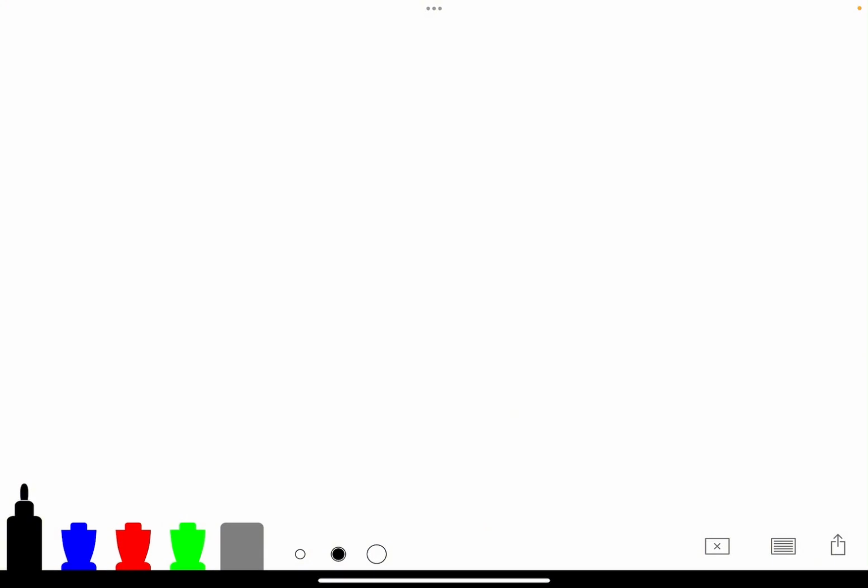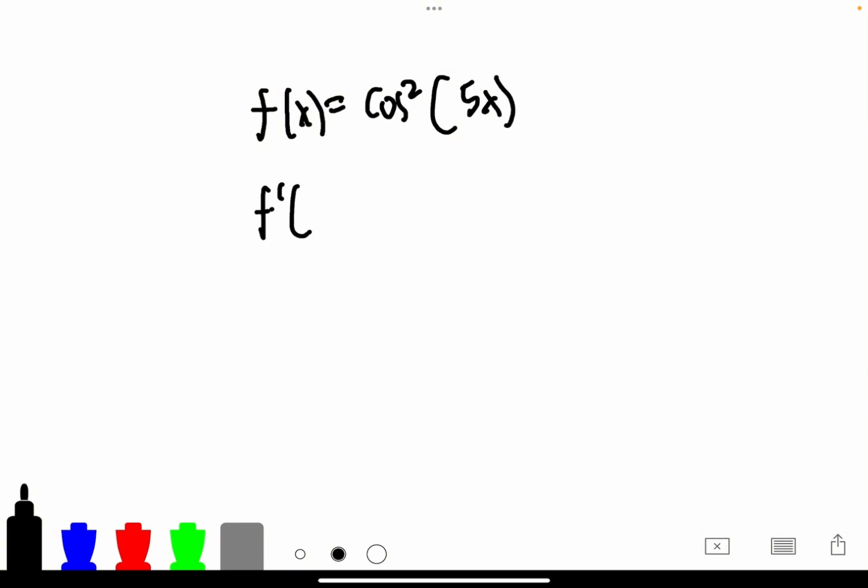Let's try another example. Let's say f of x is equal to cosine squared of 5x. f prime of x would be equal to, now this notation is where students may get tricked up. This notation is basically saying cosine 5x, but it's all squared, right?